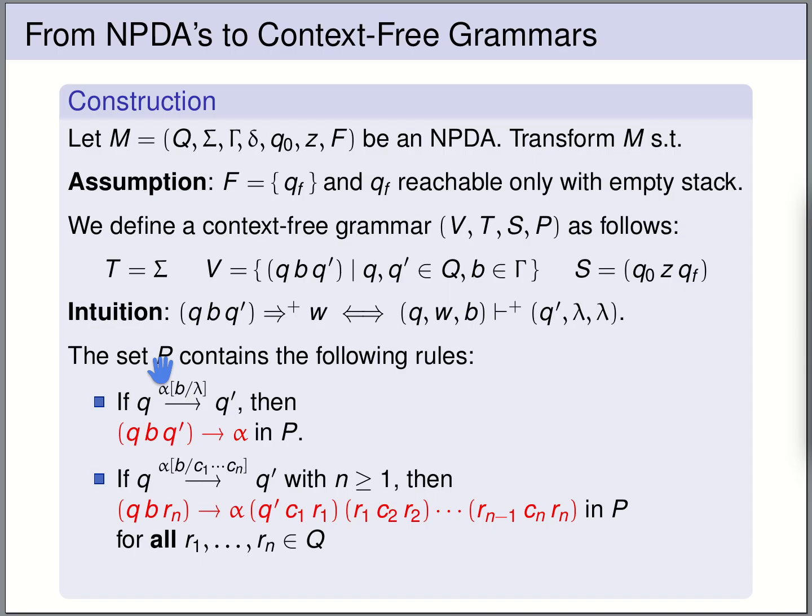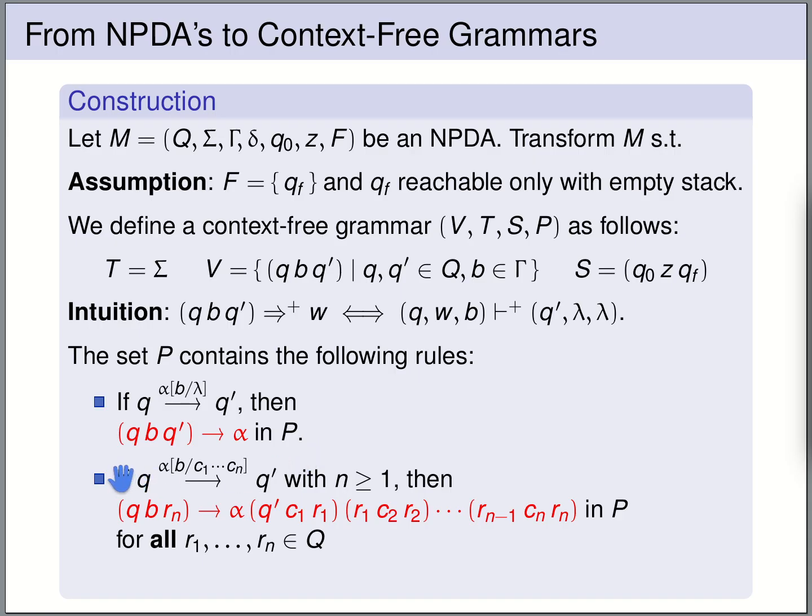So in the automaton, the alpha plays the role of the input. In the grammar, the alpha plays the role of the output, what is generated. So we see here that we have a transition from q to q' while removing b from the stack. And that's also the intention of this variable. We have from q to q' while removing b from the stack, we can produce alpha. That's the intuition behind the variables.